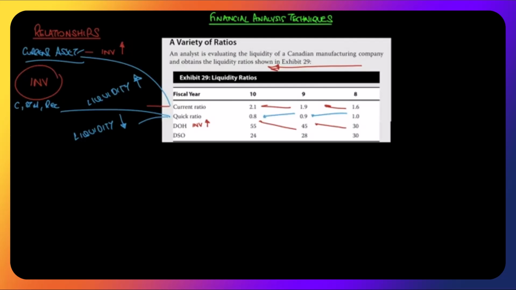DSO, 30, 28, 24. Okay, for DSO, the interpretation there is that I'm collecting cash quicker. So I'm managing to do a better job of turning my receivables into cash. Now, if I hadn't looked at anything else, I'd look at that and say, okay, well, that should be good news. But it's not really reflected in the quick ratio.